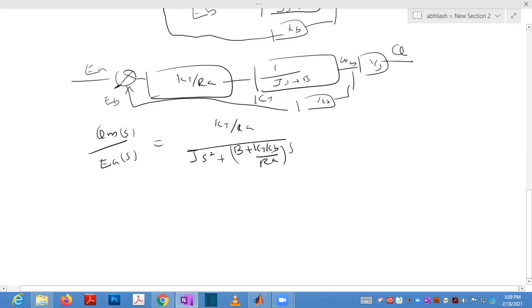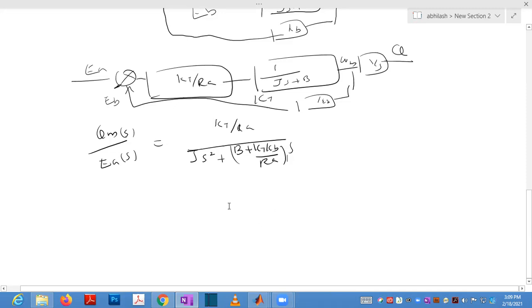So this one will be your transfer function. This is the open loop transfer function of the system. It has two poles, one pole at the origin and one pole will be found by solving this one. So this is the open loop transfer function of this motor.